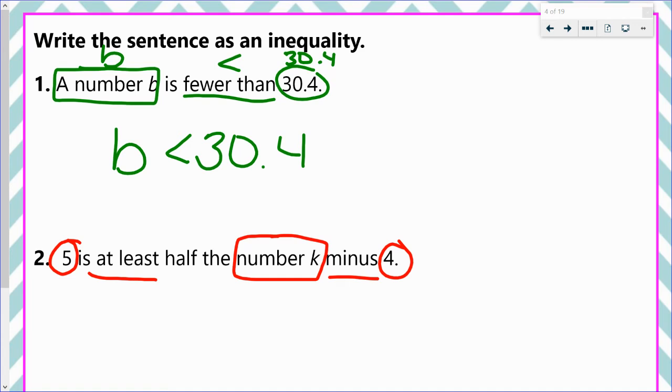Well, half the number you're going to multiply by a half. Minus 4. I'm going to put 5 here. And so again, if we have at least, we're going to look at greater than or equal to.